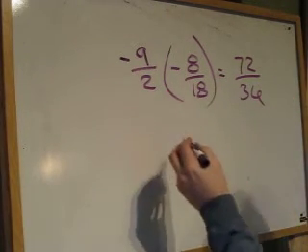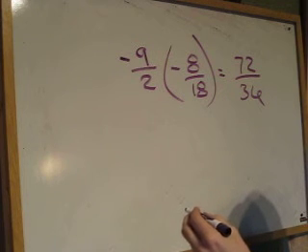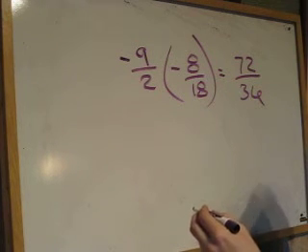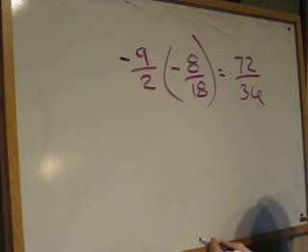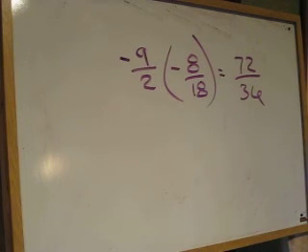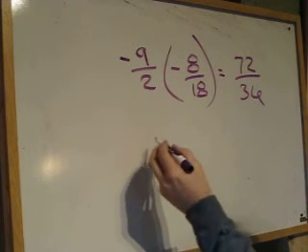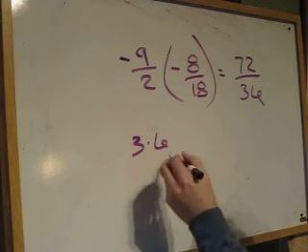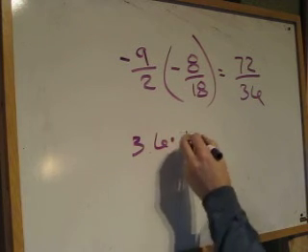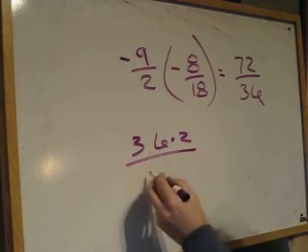We can reduce those. 72 can be reduced down to, well, 36 and 2, right? Whoops. Let's make it like this. And then 36, let's just write it here.